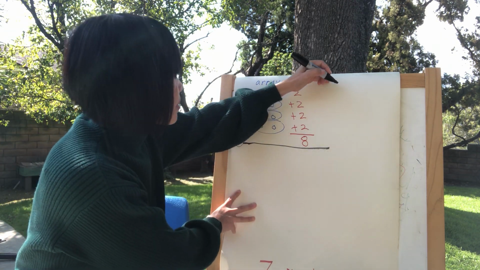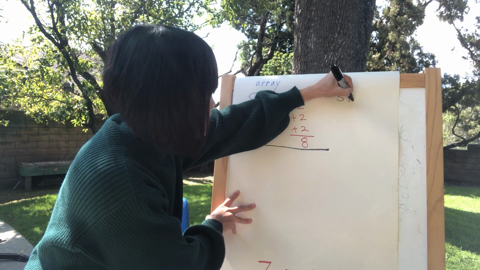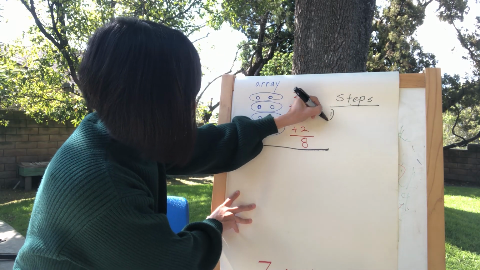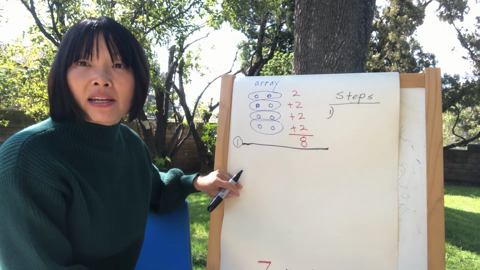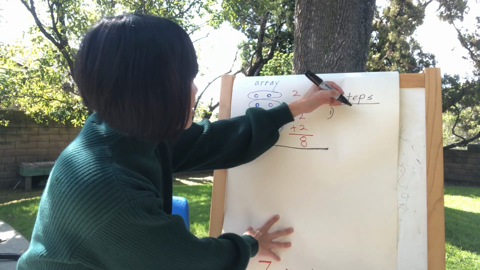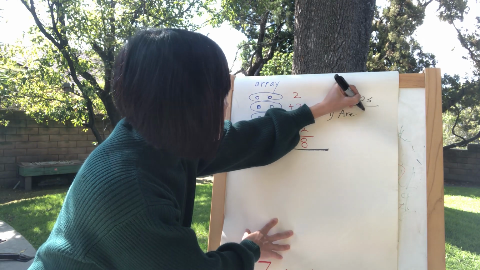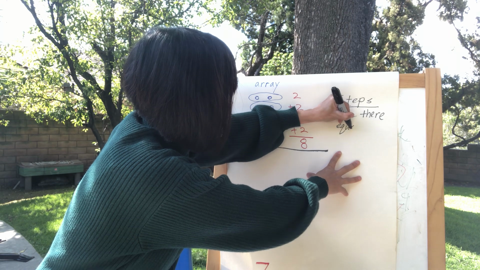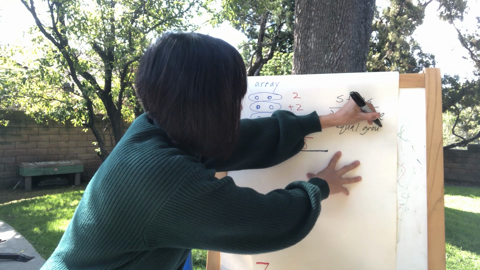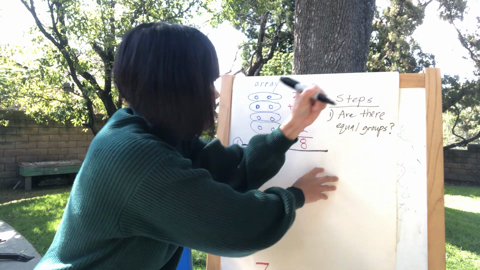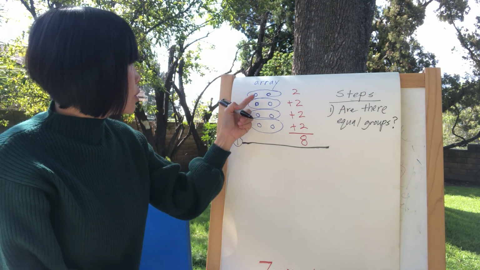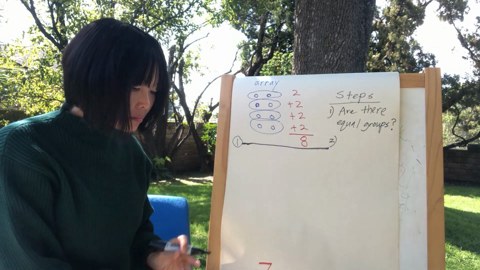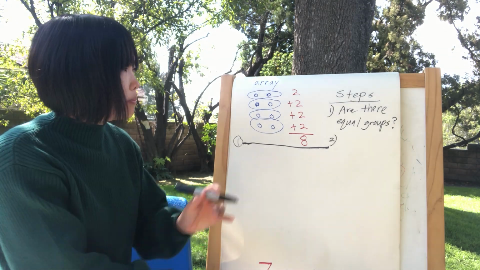The first step I took was, I asked myself, are there equal groups? Two, two, two, two. Yes! So then the second step is, how many in each group?